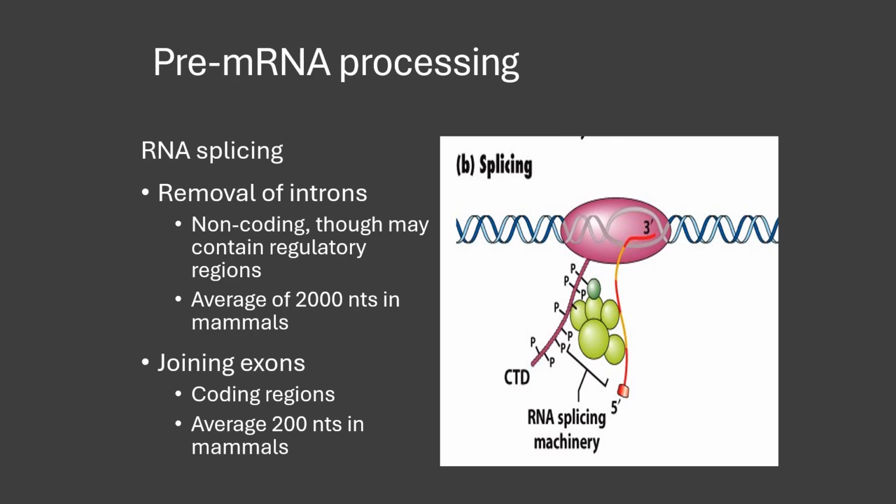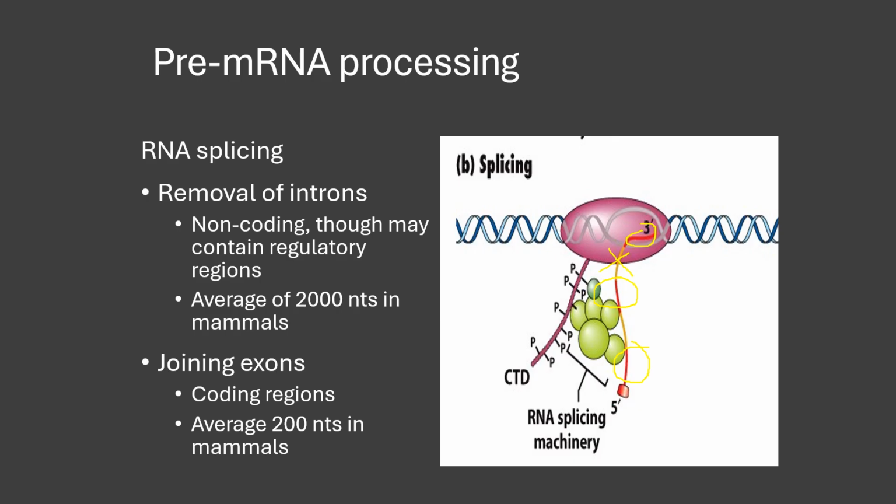And with that splicing and removing introns, you also get joining of the exons together. So in this figure, presumably they're showing in red the exons in this mRNA molecule. And eventually these regions will be chopped out.